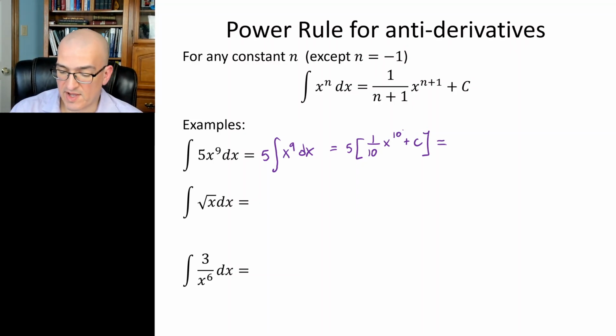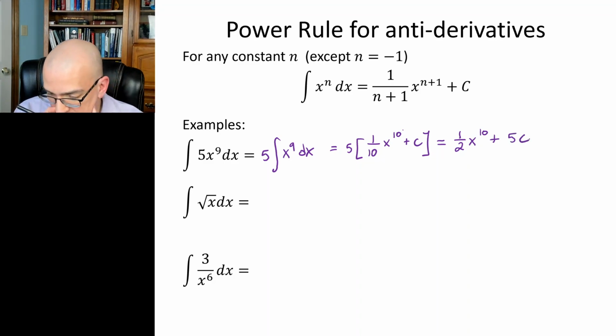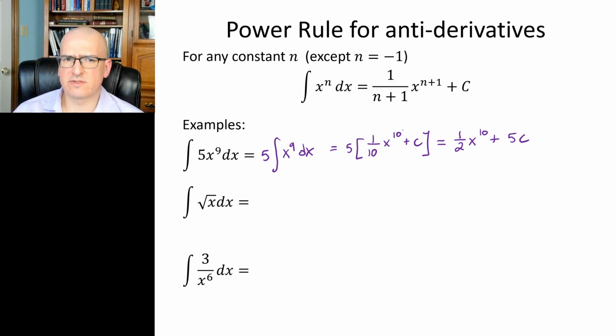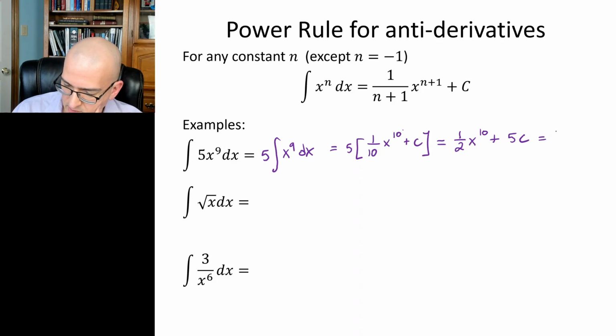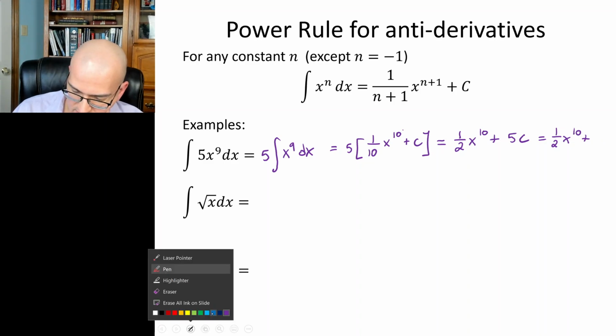We can simplify. 5 over 10 is 1/2, so I have 1/2 x to the power of 10 plus 5 times c. And if c is an arbitrary constant, so is 5c. So 1/2 x to the power of 10 plus c.